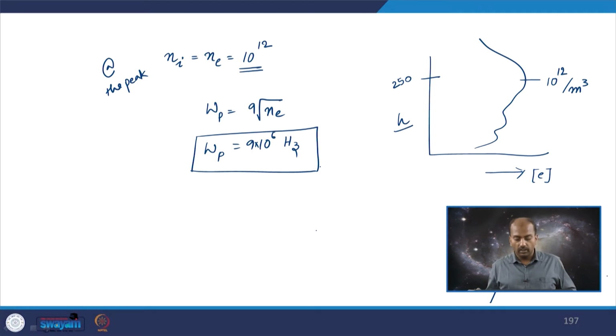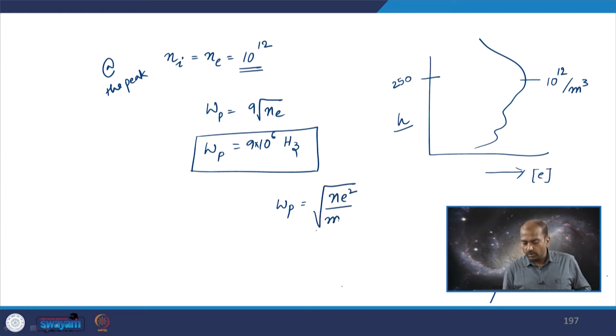We know that this happens because the plasma frequency depends on the mass of electron, so this is square root of N e squared over m epsilon naught, where N is the number density and m is the mass of electrons, which is 9.11 times 10 to the power of minus 31 kg.